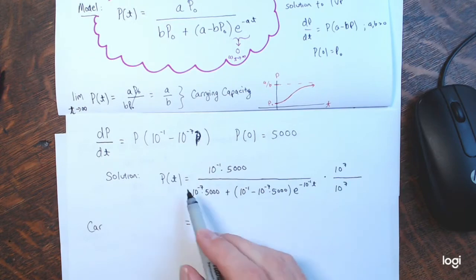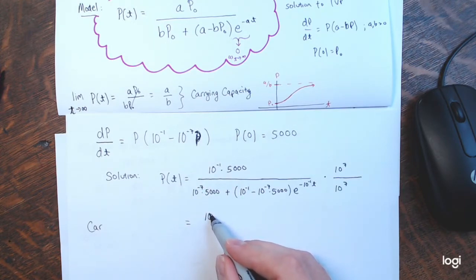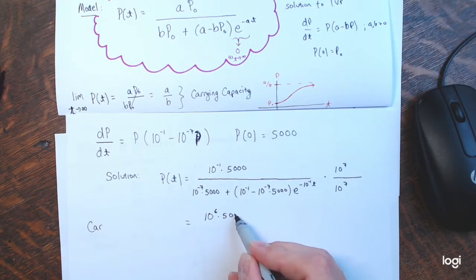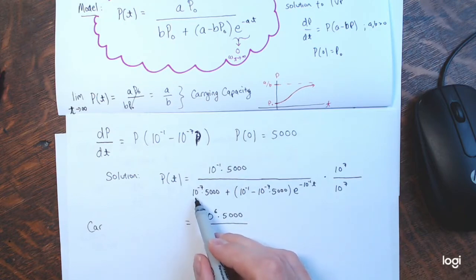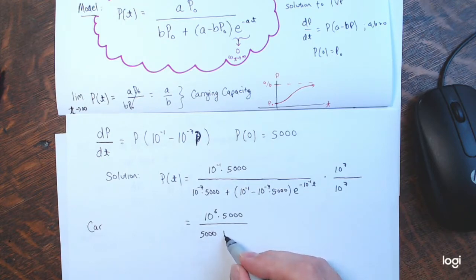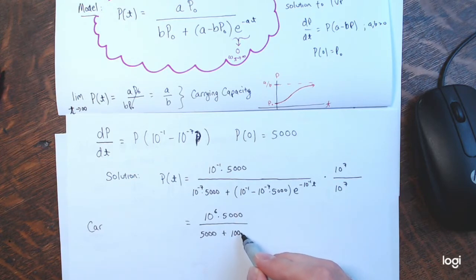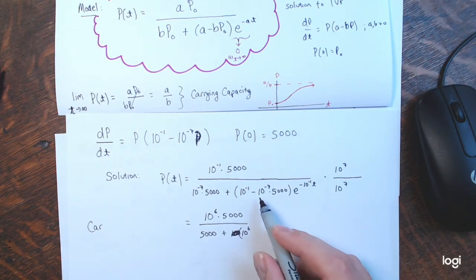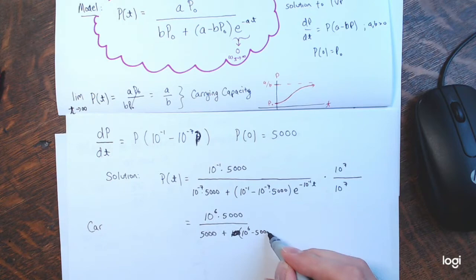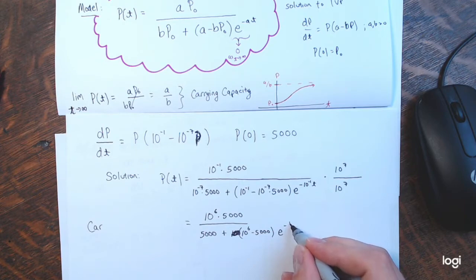So the numerator would simplify to 10 to the 6th times 5,000. Then down here we'd have just 5,000 plus, then multiplying these by 10 to the 7th, we'd have 10 to the 6th minus 5,000, and then e to the negative 1/10 t. I'll just replace 10 to the negative first with 1/10 because that's what it is.